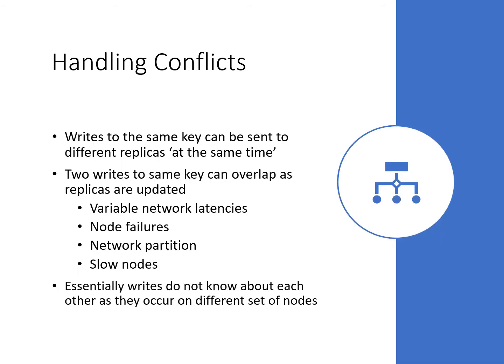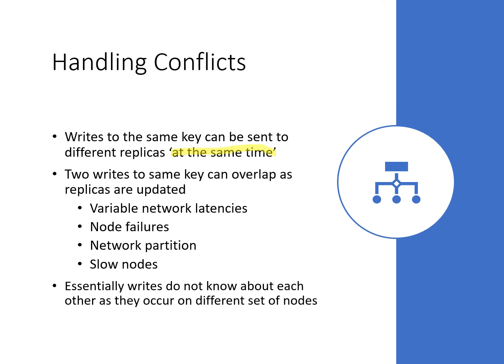So quorums really help us control consistency and how long the inconsistency window is open for particular reads and writes. But there's one problem they can't solve, and that's one of conflicts. A conflict occurs when writes to the same database key occur at different replicas at the same time.